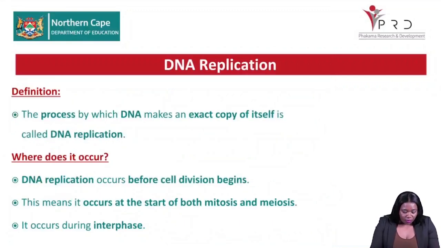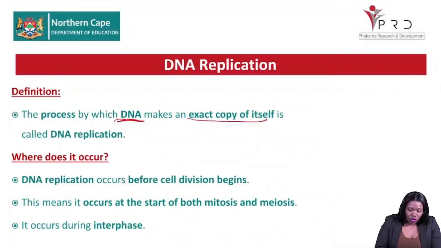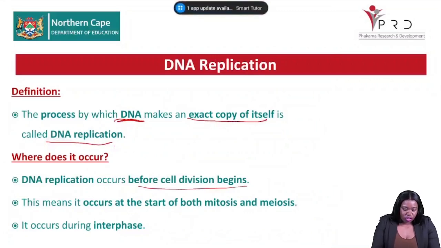As we have said, DNA replication is a process whereby DNA makes an exact copy of itself. Where and when does it take place? It takes place before cell division begins, before mitosis or meiosis can take place, because it takes place in preparation for these two processes.